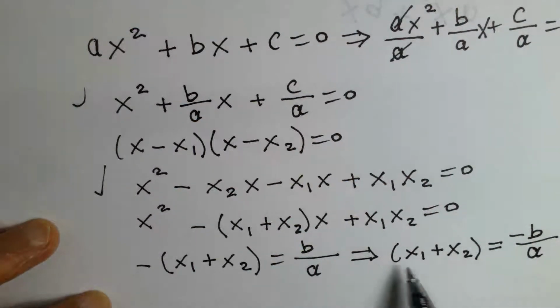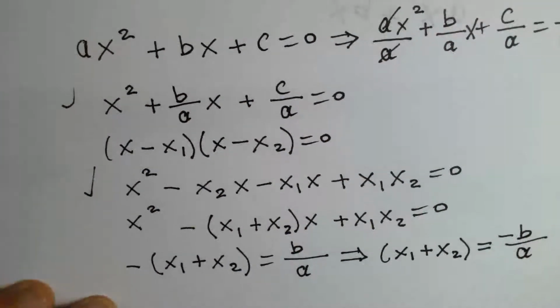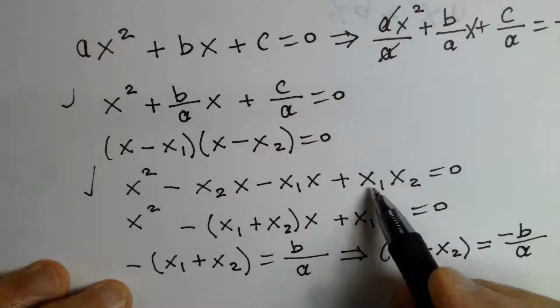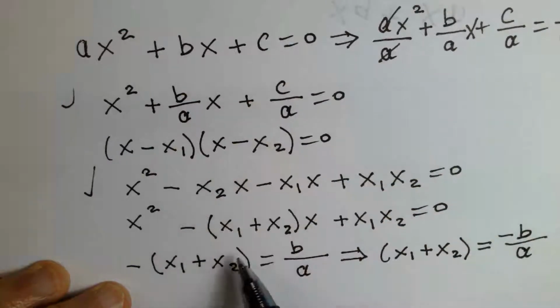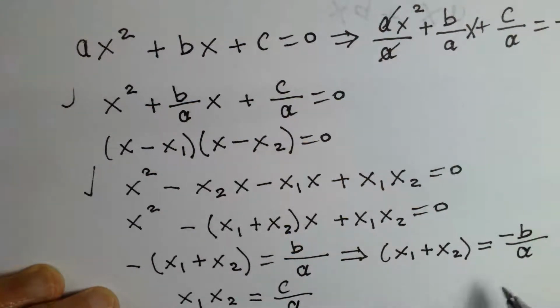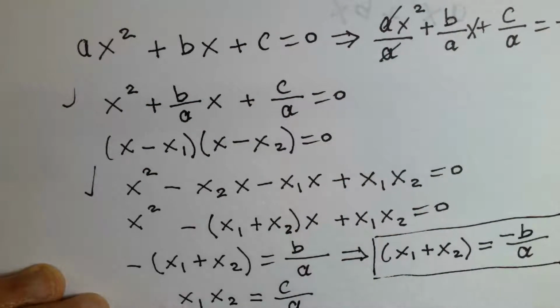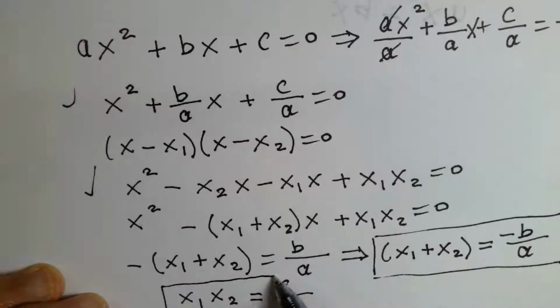It means that the sum of the roots is equal to minus b by a. Now, obviously, x1 x2 is equal to c by a. So we have x1 x2, which is the multiplication of both roots, equal to c by a. So this is one relation. This is another relation.